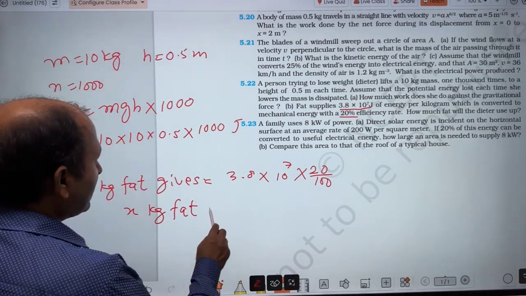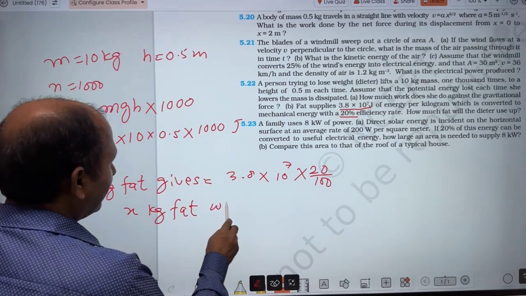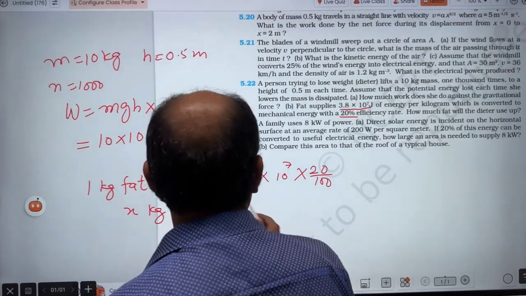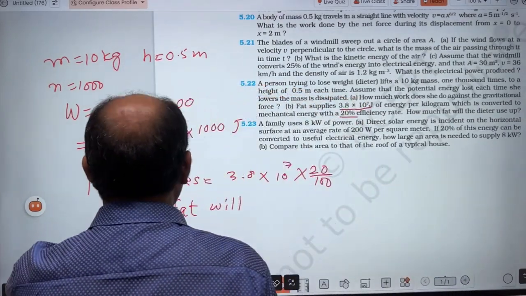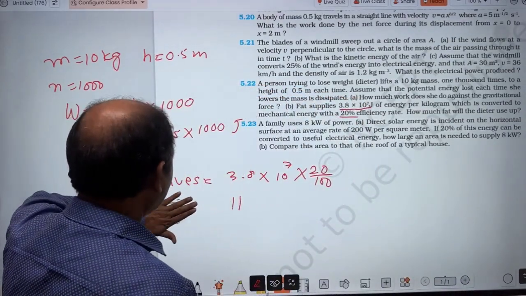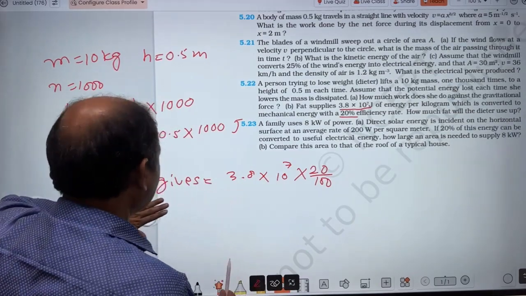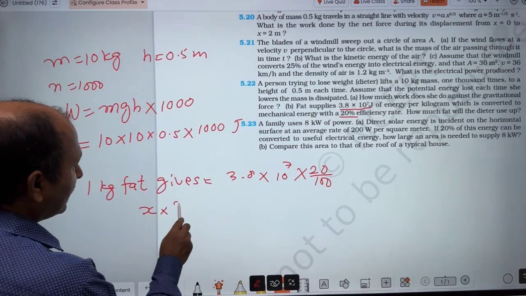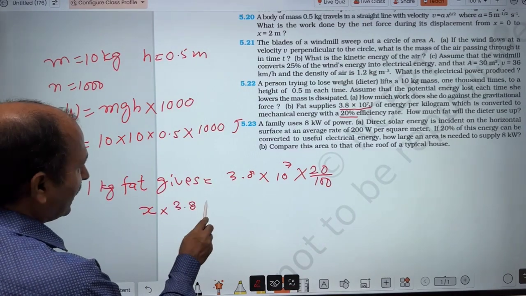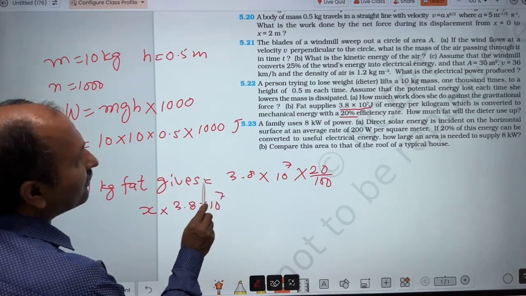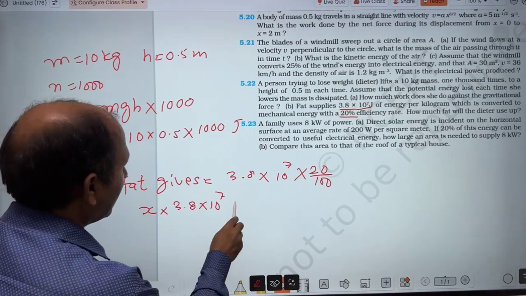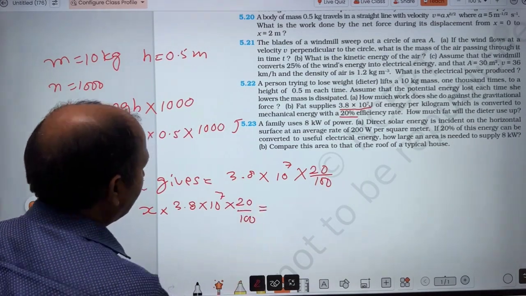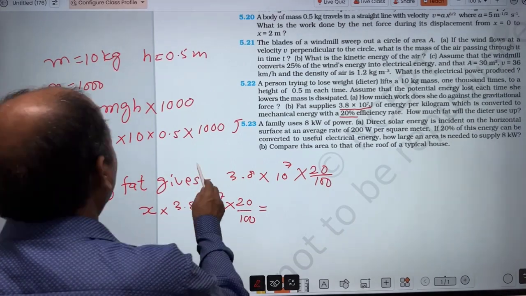So here x kg fat will produce the energy required that much. So we can write it like x times 3.8 into 10 to the power 7, is it correct value? Yes, into 20 by 100 is equal to energy required.